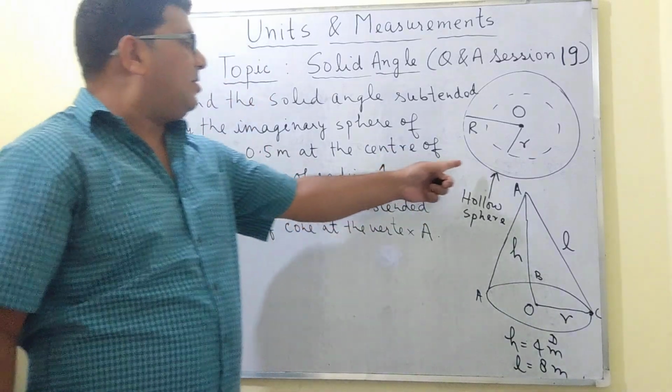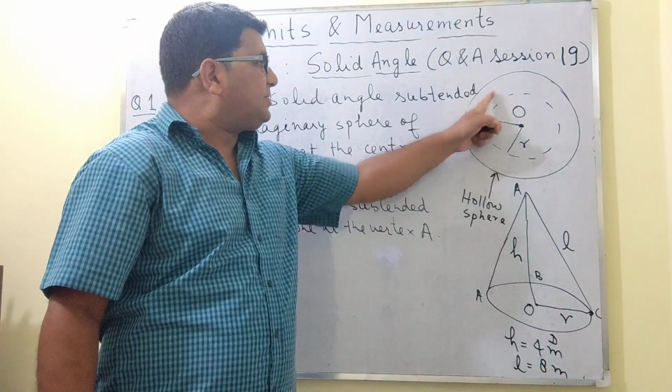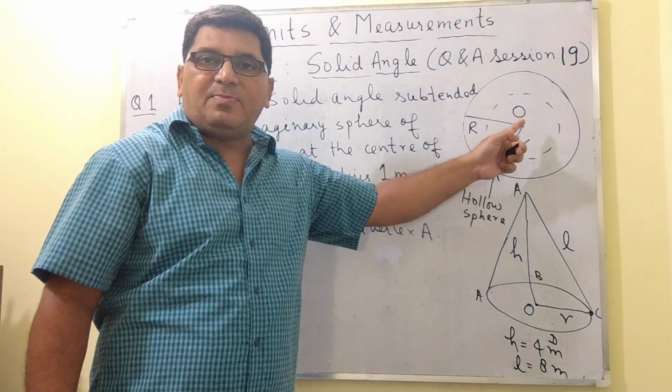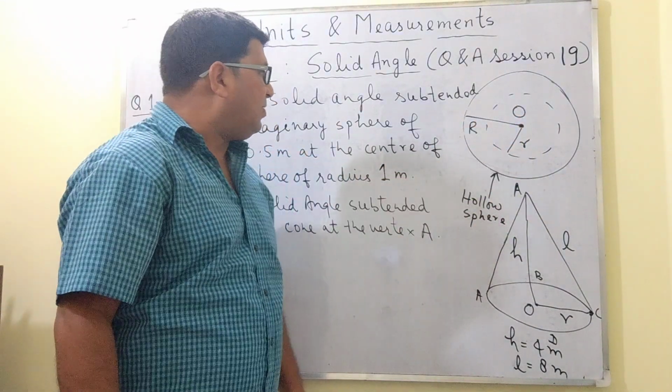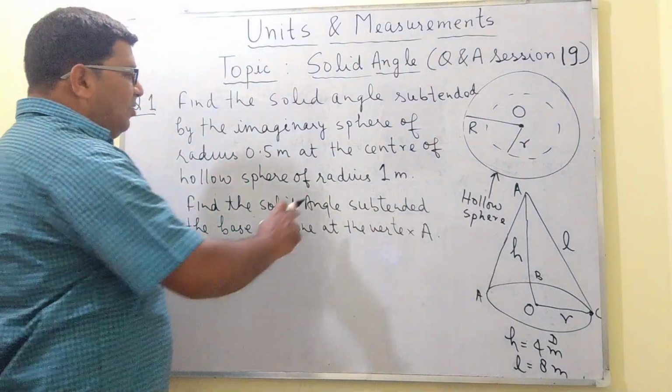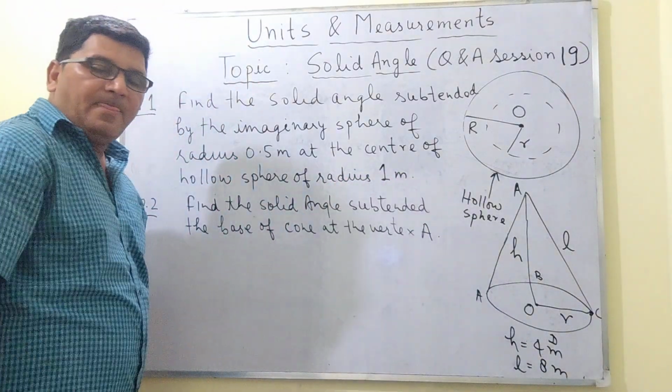So this is a hollow sphere, and this is an imaginary sphere which I have depicted here with the help of dotted lines. So the radius of this imaginary sphere is 0.5 meter and the radius of the hollow sphere is 1 meter.